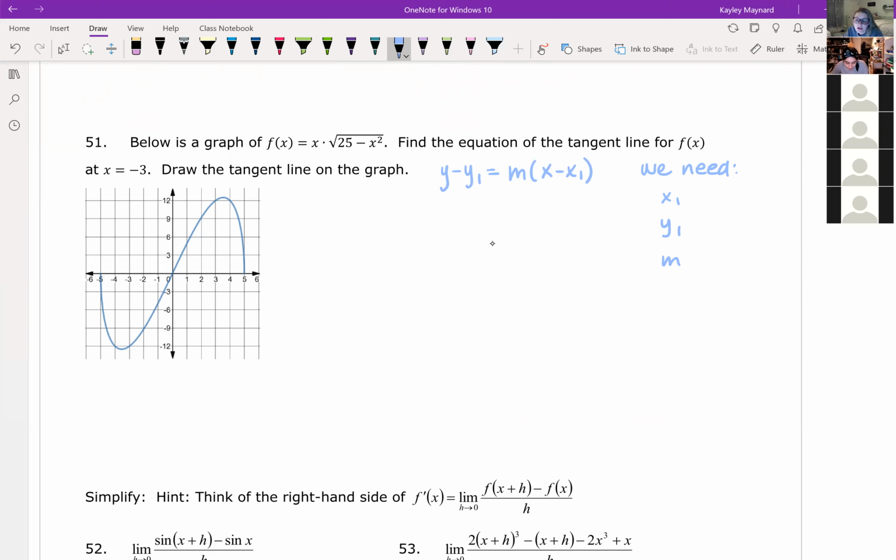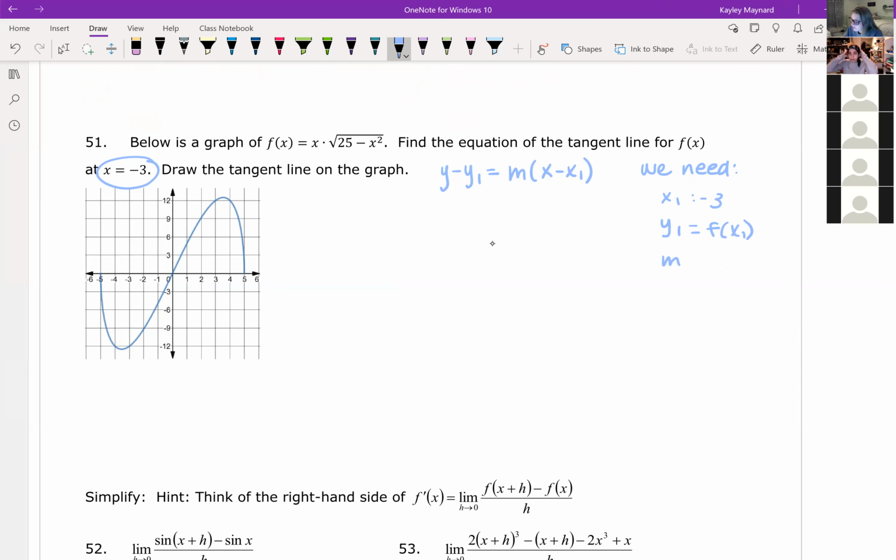You will always be told what x is, because if you don't know what x is, you can find the derivative, but you can't really do anything else. So you will always be given x, which in our case is -3. And then y1 is always f of x1.